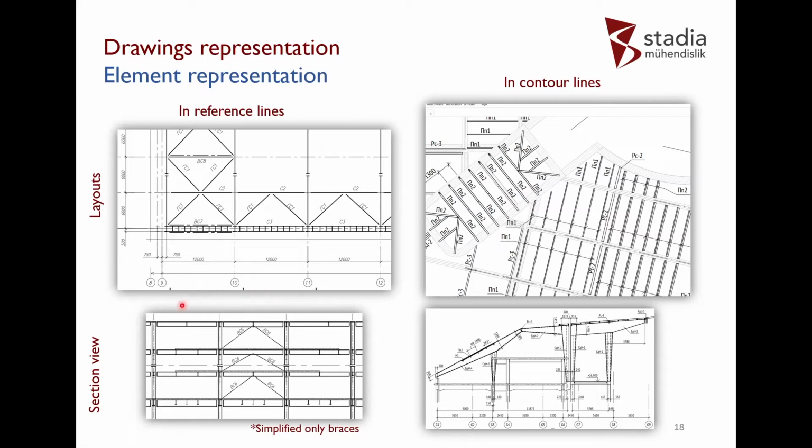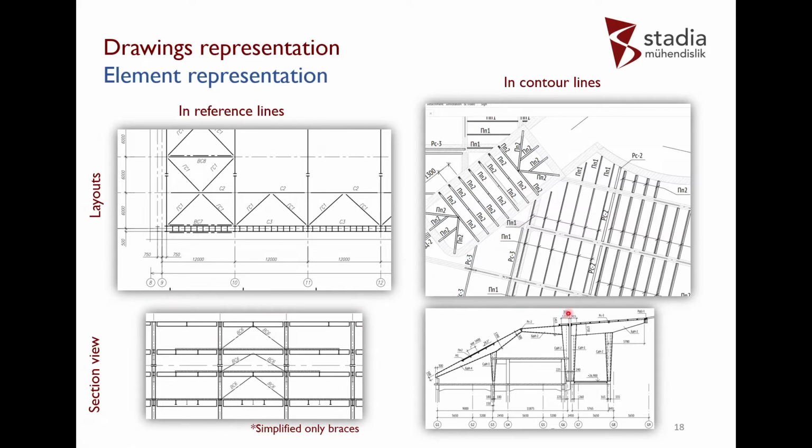For section views, beams are represented in contour shape, but braces, some kind of horizontal braces, are represented in lines anyway. So everything, for example here for level marks, we must represent in full shape.